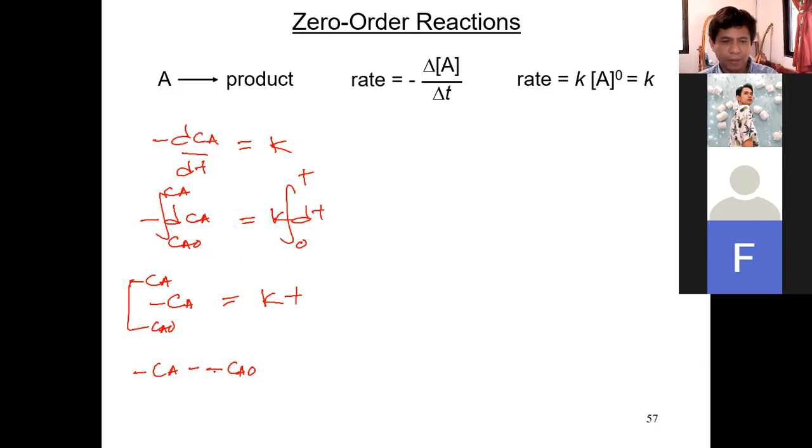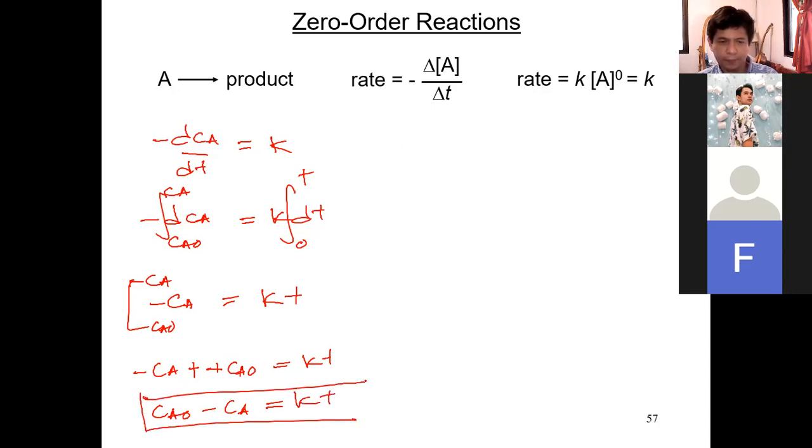Tapos may minus dito, so ito magiging plus, tapos kt. So, we're going to simplify this equation to a nicer form. Usually, puro positive. Pwede rin ganito, mas maganda rin yung ganito: CA0 minus CA is equals to kt. I think this is the standard form.